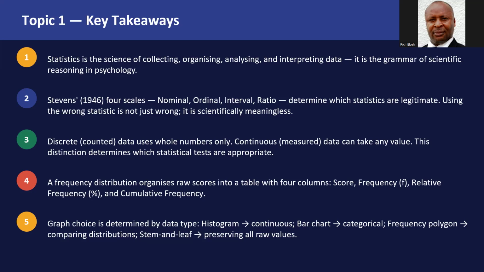So it is important that you know the difference. Frequency distribution organizes raw scores into a table with 4 columns. Score, frequency, relative frequency, and cumulative frequency. And finally, we learned that graph is determined by data type.